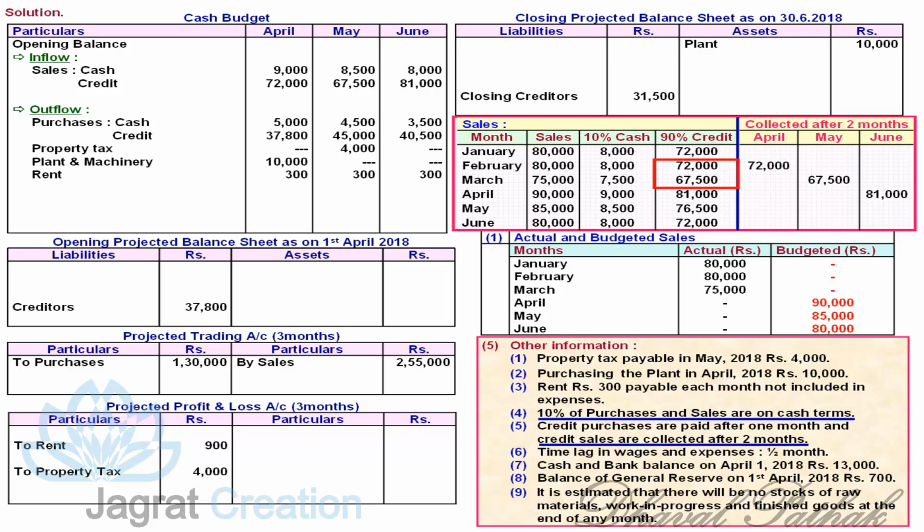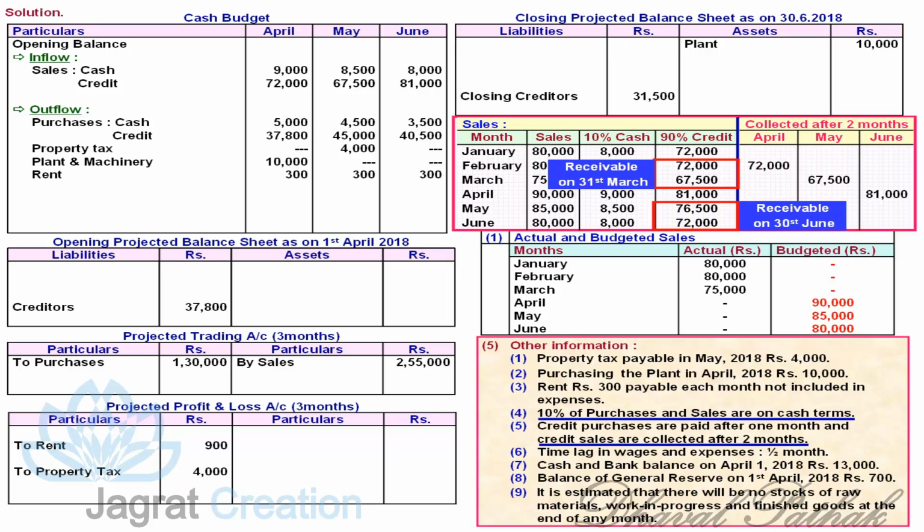Now, February and March credit sales are not collected by end of March, that is by 31st of March. So this credit sales is receivable on 1st of April, or is receivable as on 31st of March. Similarly, May and June credit sales is not collected by end of 30th June.